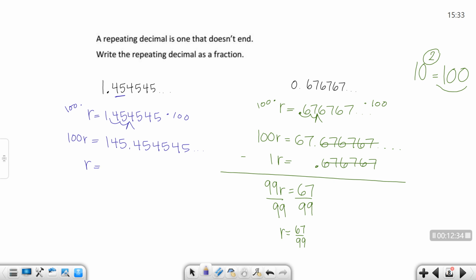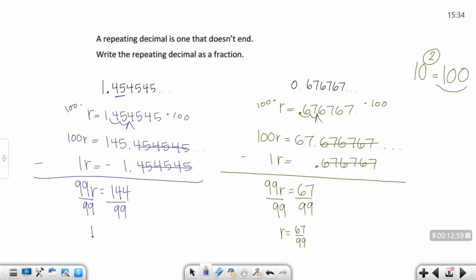Remember, R equals 1.454545. So if I got ready to subtract those, this would be 99R, and all this decimal part would subtract out, and 145 minus 1 would be 144. I could divide both sides by 99, and R would equal 144 over 99.